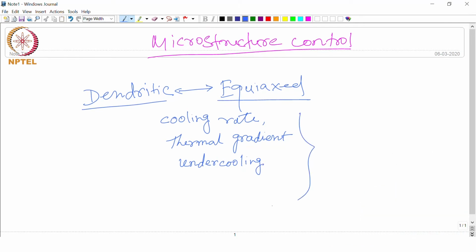And in the previous class, I was mentioning that this microstructure control or this change of microstructure is not only between dendritic and equiaxed, there can also be a possibility of transition between a crystalline and an amorphous structure.